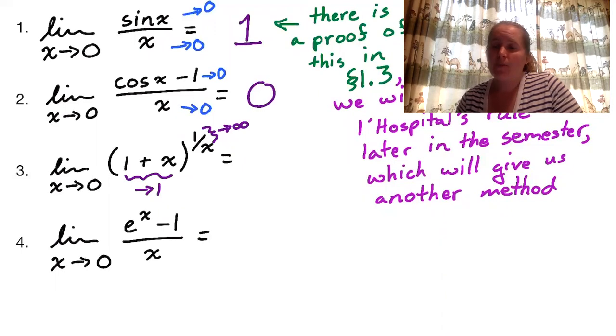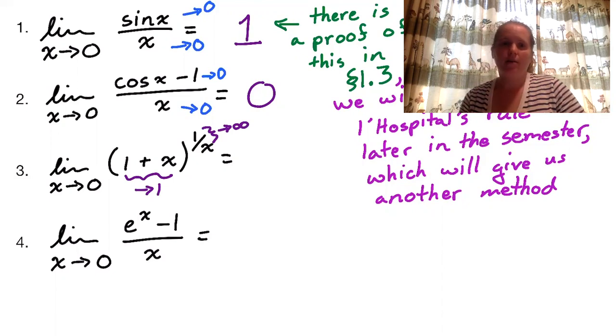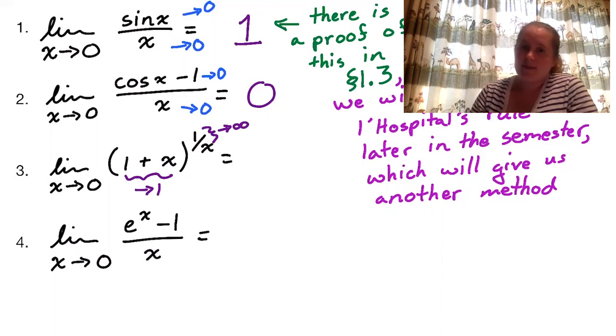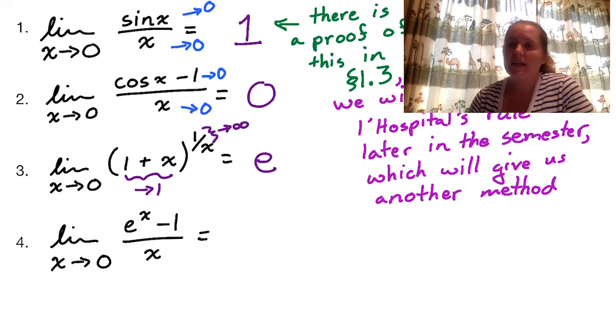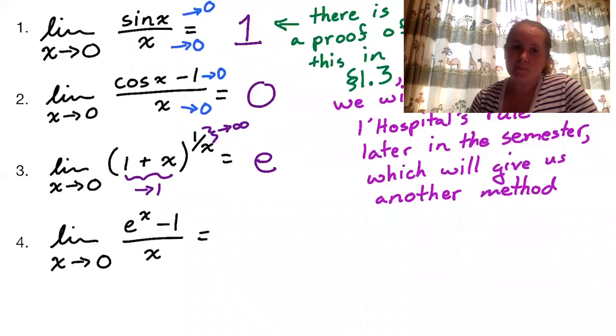So that exponent of infinity is trying to make our numbers blow up to a large number, while the thing inside is trying to stay at 1. What happens in the end is this actually winds up being e, that weird number e that we've seen before.